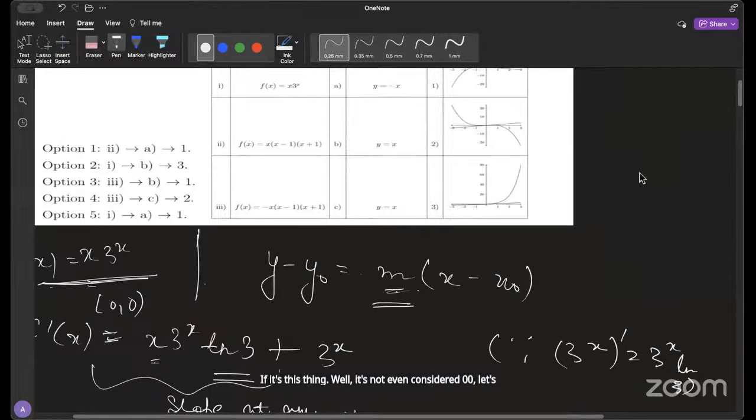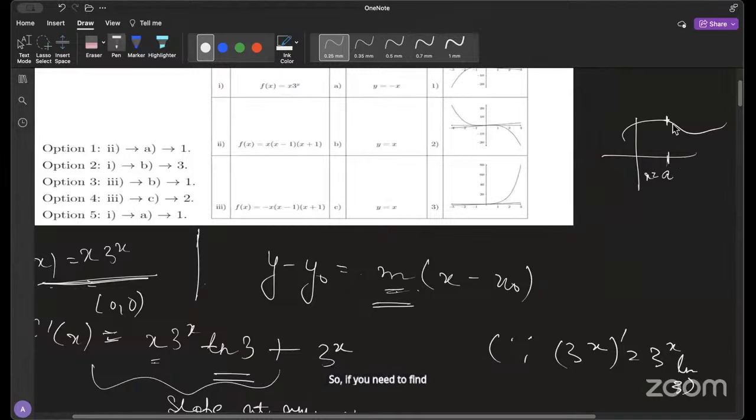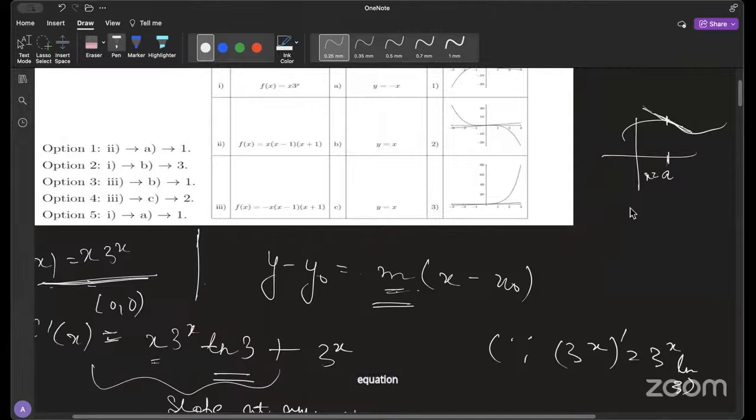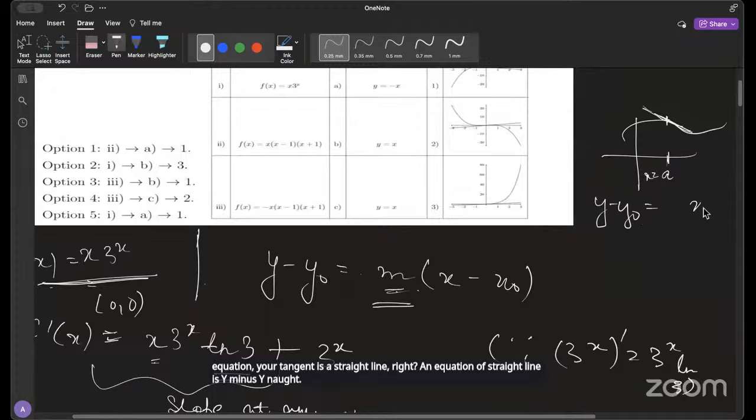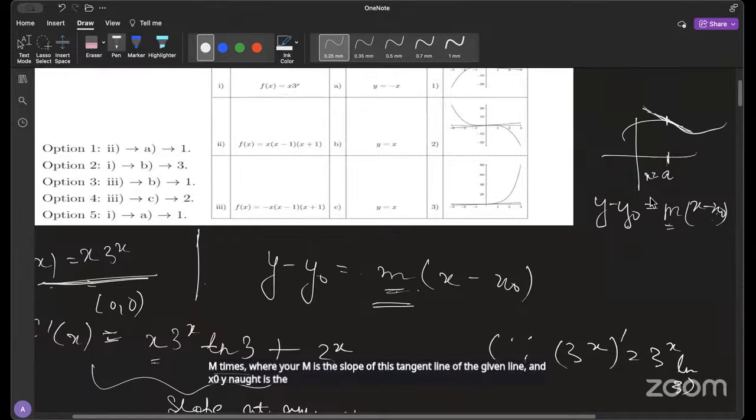Let's just take any random point a comma b. So let's say this is a point a comma b, and you need to find the tangent here at x equals a. So if you need to find the tangent, meaning the equation of the tangent, this is your tangent. How do you find it? Your tangent is a straight line, right? And the equation of a straight line is y minus y naught equals m times x minus x naught, where m is the slope of this tangent line of the given curve, and x naught, y naught is the point that it passes through, right?